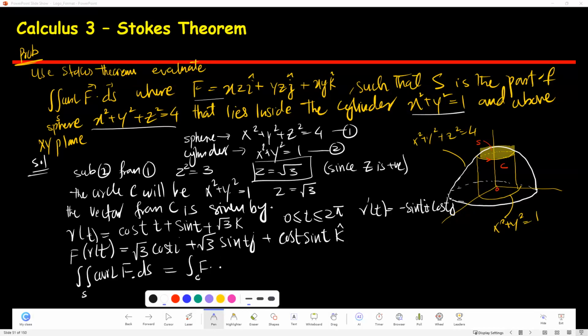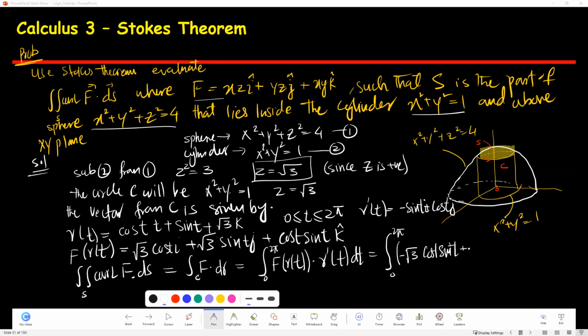I can also write this right side like this: F(r(t)) dot r'(t) dt, from 0 to 2 pi, of minus 3 cosine t sine t plus 3 sine t cosine t dt.